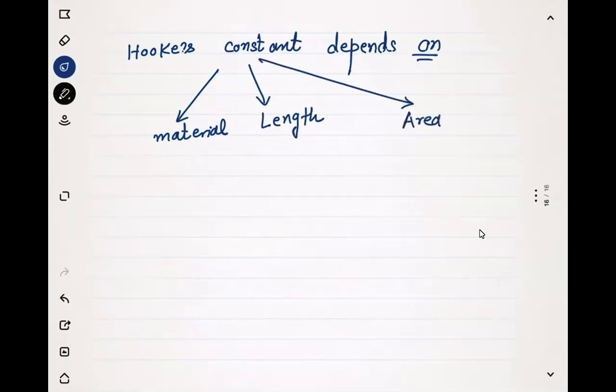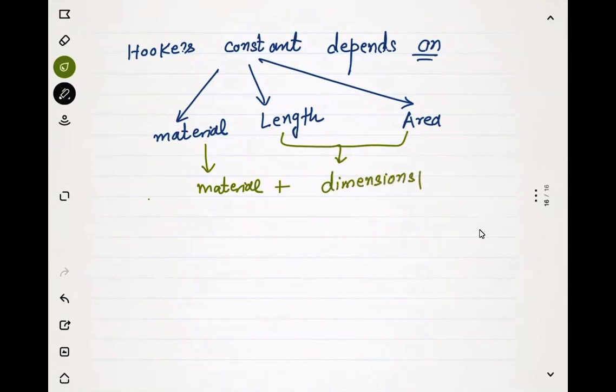In more accurate words, it depends on the material and dimensions. This is the Hooke's constant.